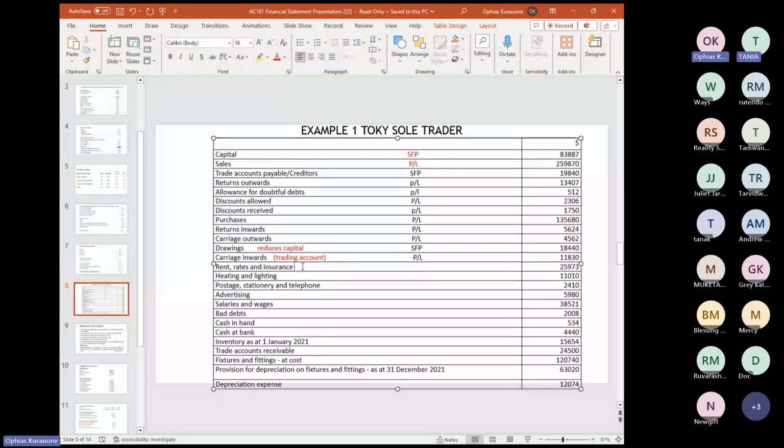Rent and insurance: profit or loss. Postage, stationery and telephone: profit or loss. Heat and lighting: profit or loss.